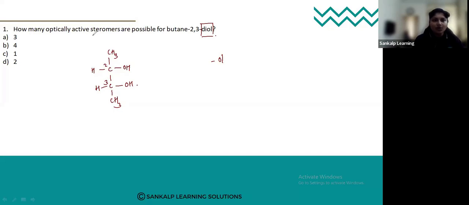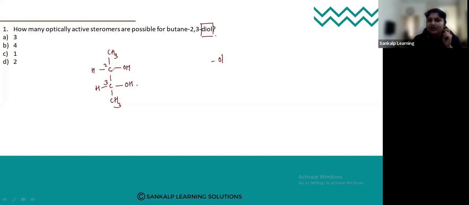Now they have asked how many optically active stereoisomers there are. So you have to calculate the number of asymmetric centers, or chiral carbons. What do you mean by an asymmetric or chiral carbon?